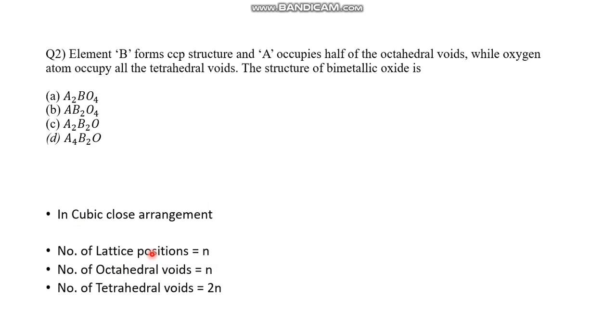So if the number of lattice positions available is n, then the number of octahedral voids formed is also n, and the number of tetrahedral voids formed is 2n. So this point you have to remember. Not just for this question, this point generally helps us solve a lot of questions. So if your lattice positions is n, in case I'm talking about only cubic close arrangement, the number of octahedral voids is n, and the number of tetrahedral voids is 2n.